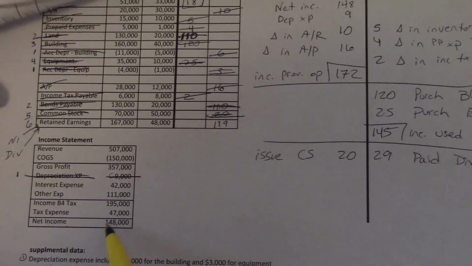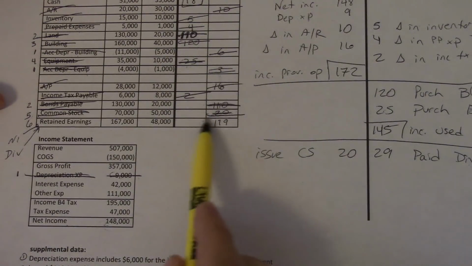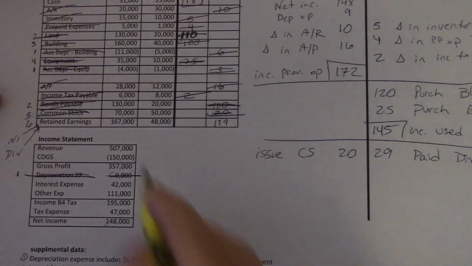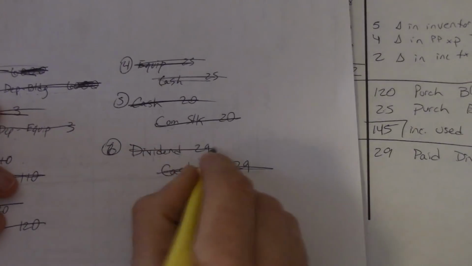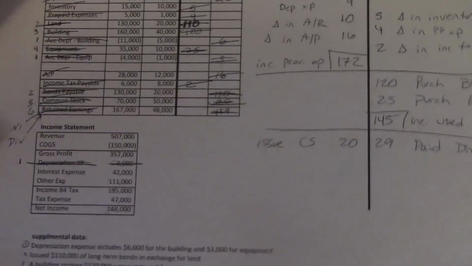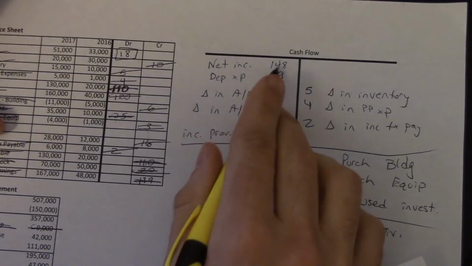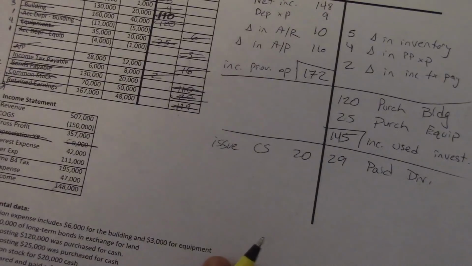So increasing retained earnings by 148 and decreasing by 29, that's a net increase of 119. So that explains the retained earnings, and this dividend explains part of the retained earnings. And the net income we've accounted for way up top.